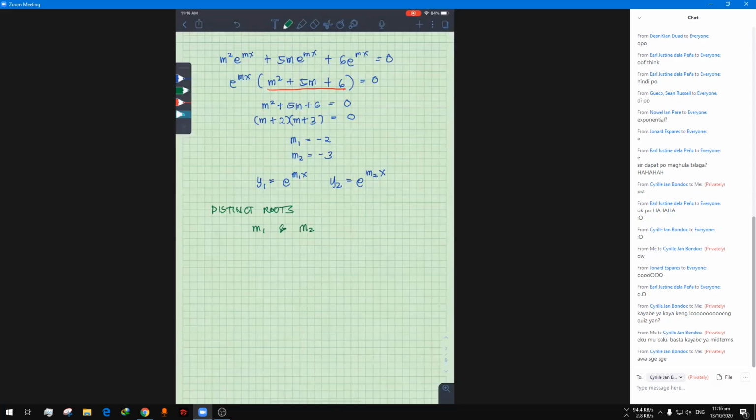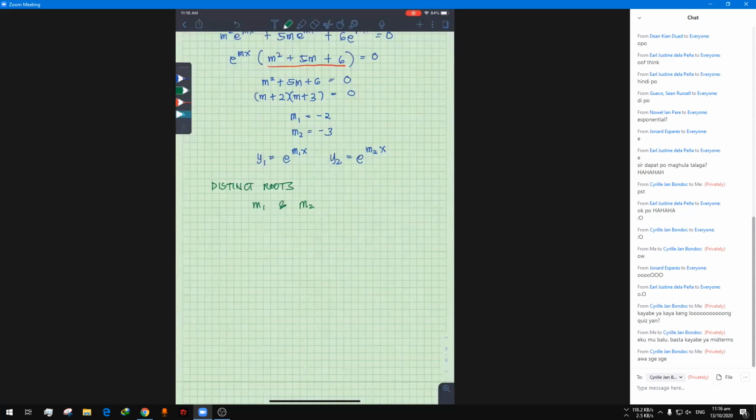So, ang solution niya, di ba using the superposition theorem, pwede nating ipag-add yung dalawang solution. That is e raised to M1x plus e raised to M2x.